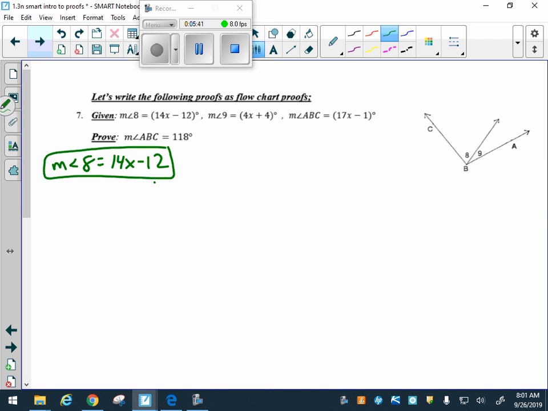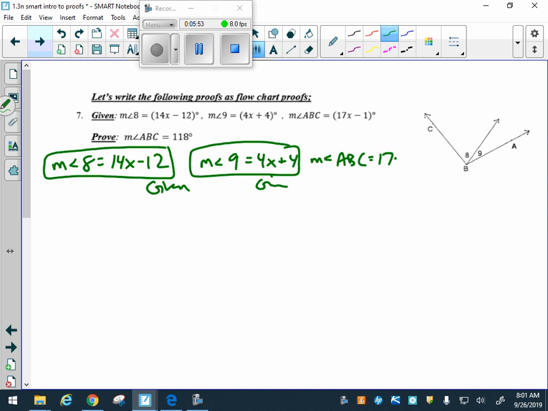So we have this given. We have this given. And we want to make a general relationship between these angles, 8, 9, and ABC. Can you give me a general relationship between those?